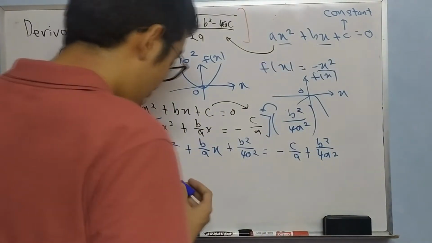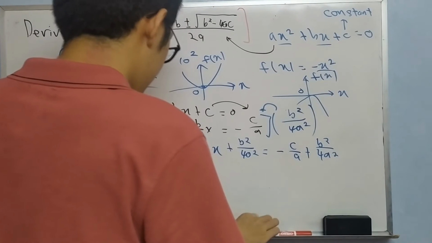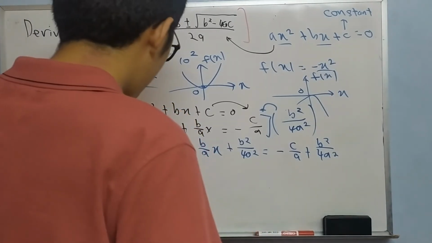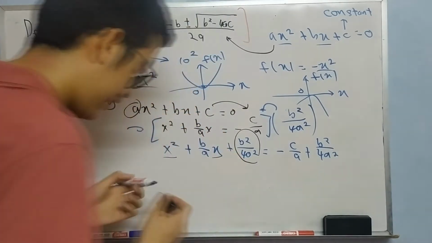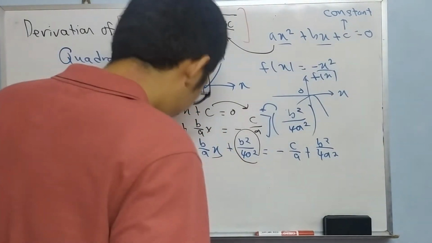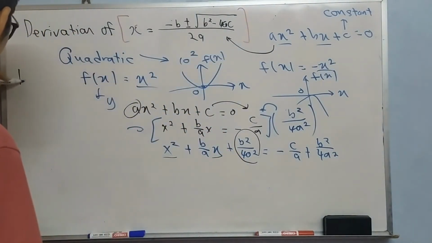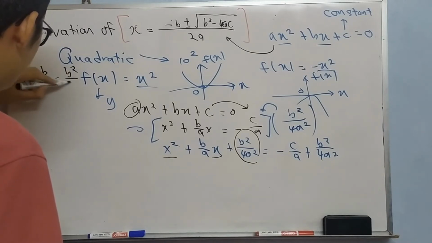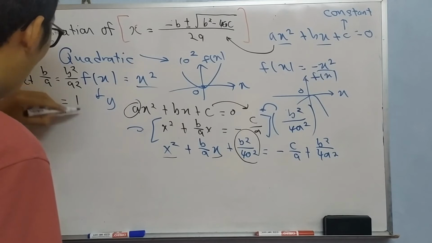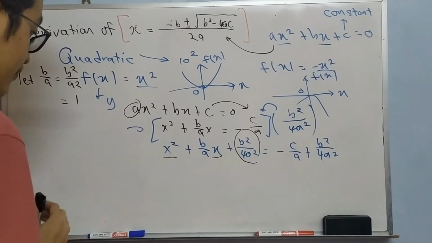Now from here, I'm going to factorize this. As you can see, here is x, and this is the a value. So we can factorize. How do we factorize this? Now, I'm going to let b over a equal 1, and b squared over a squared equal 1.